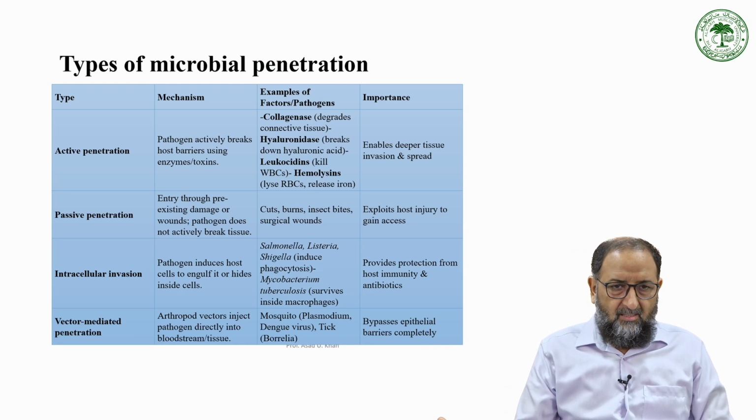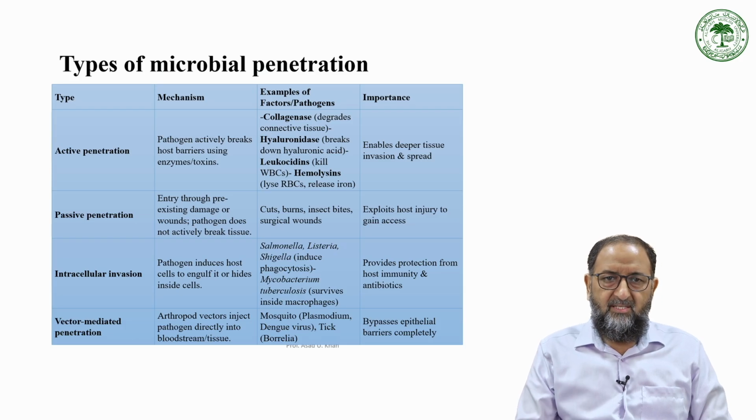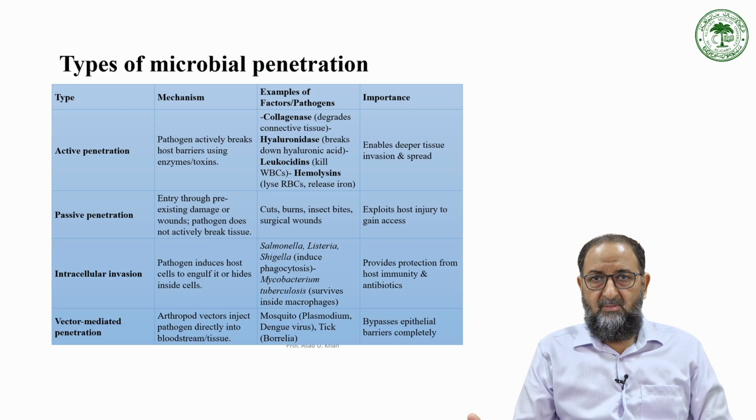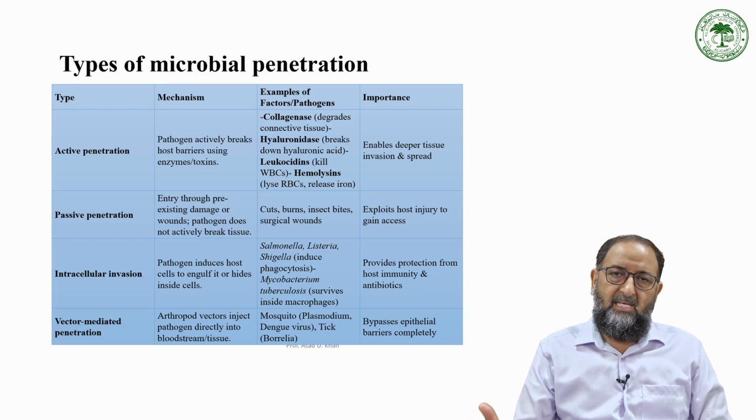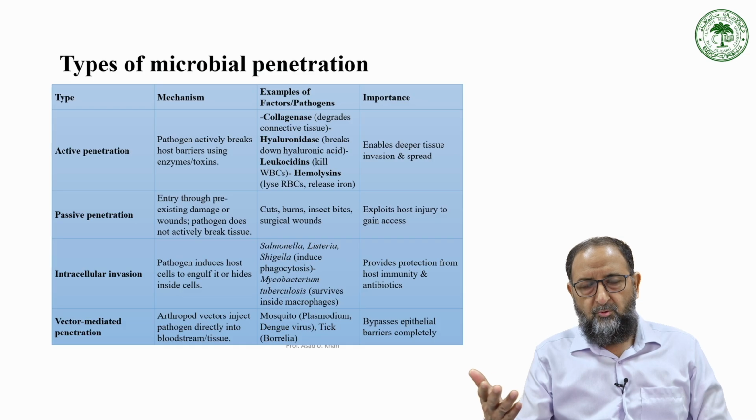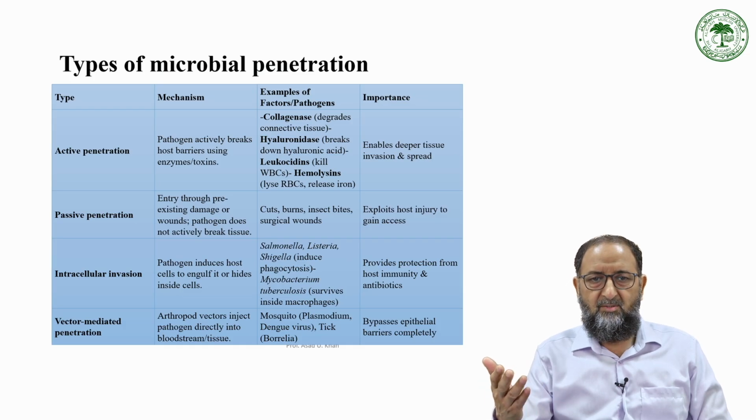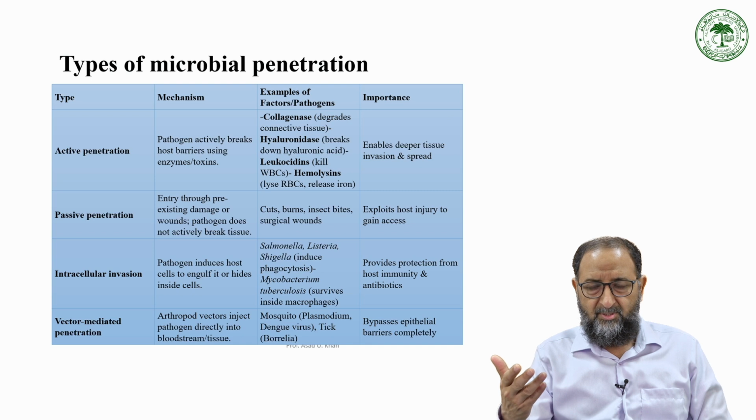Similarly, passive penetration. Passive penetration is where the involvement of external enzymes is not required, but there can be some mechanical injury, some burn, some wounds, some damage. So the pathogen can pass through these wounds, through mechanical breakage or injury, or tissue where the tissues are broken.